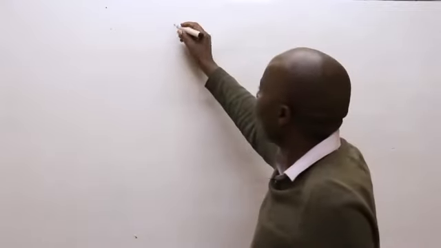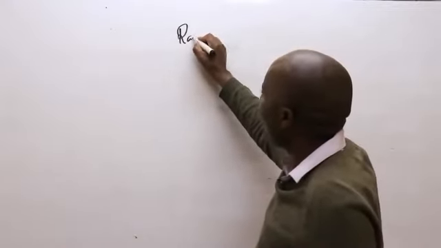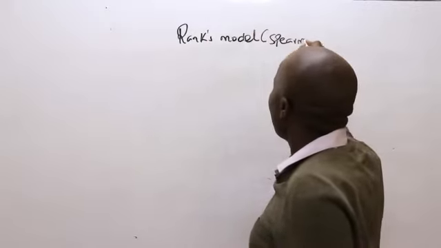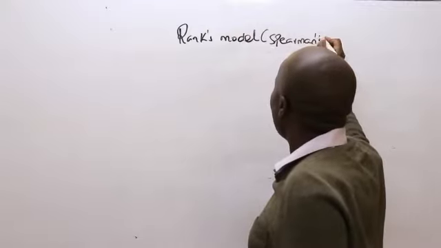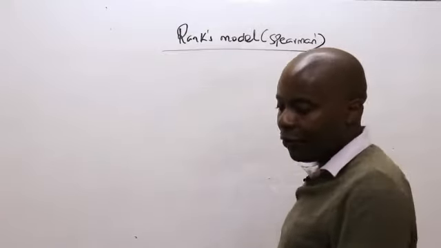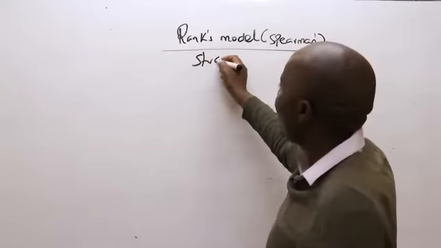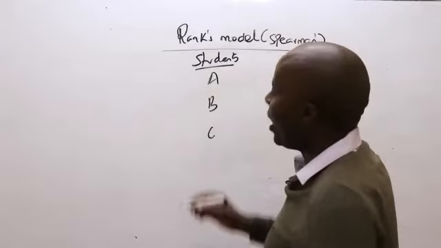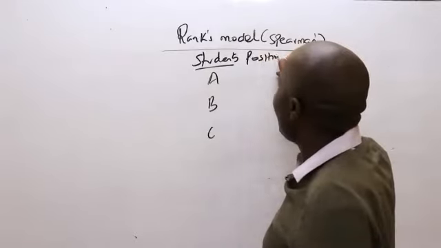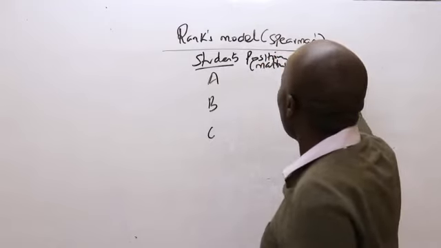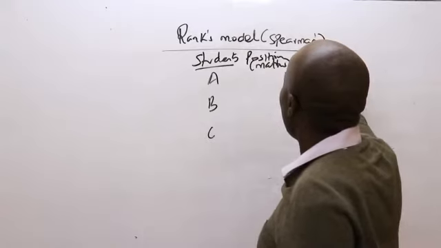Now, how about this one here? The ranks model, which was given by Spearman. Where they will give you, for example, students A, B, C. We have the position in mathematics, then the position in English.